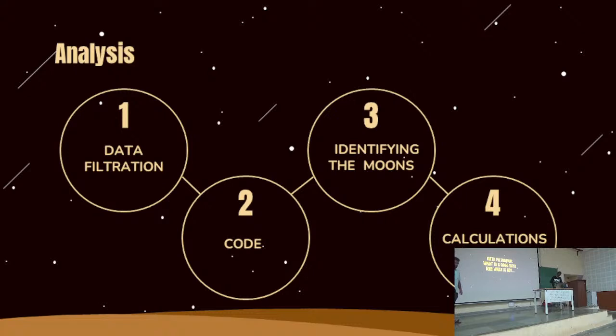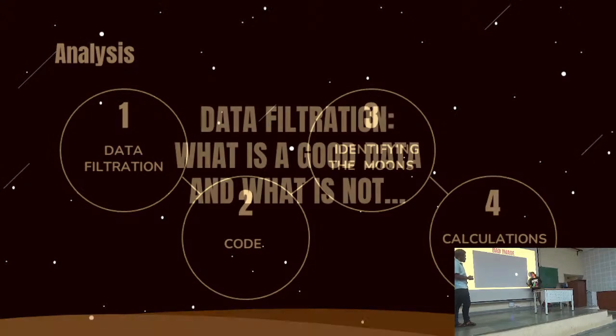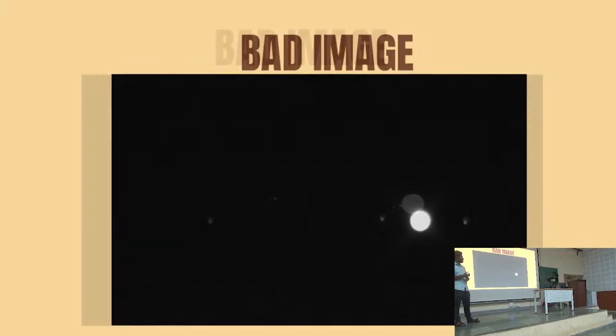Data filtration, as already mentioned. For one day, say you have 5 or 6 images, but not all of them might be properly focused. You can look at them: a good one looks round and not a weird, distorted shape, while this one was totally out of focus. Since we have a finite time period, we have to know where the moon is in the first place.